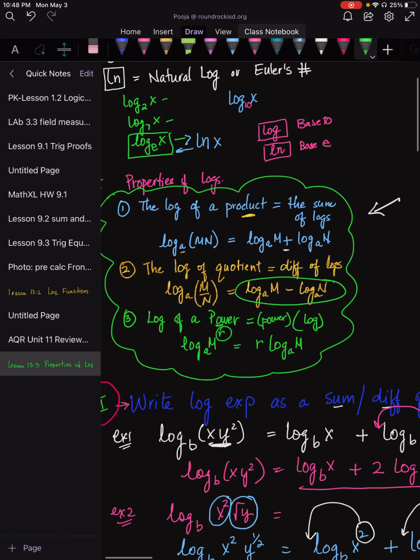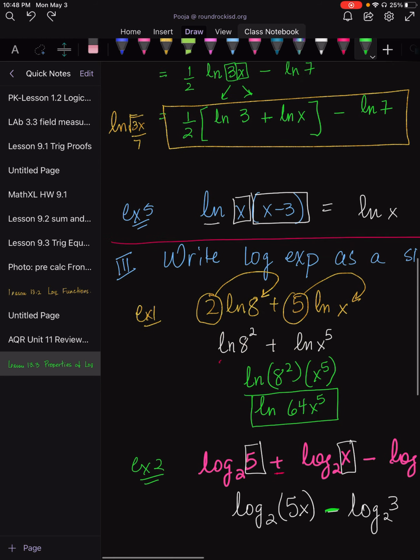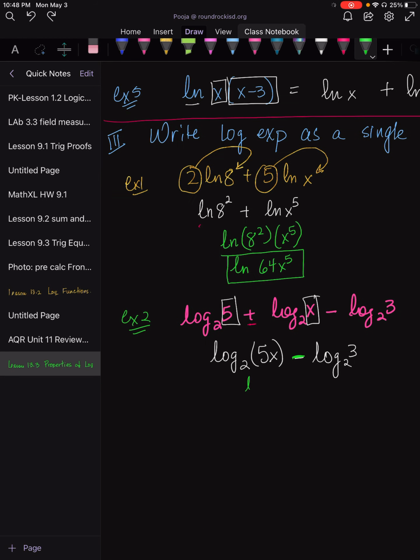When we have subtraction, we can combine it into a quotient: log base 2 of 5x over 3. And I don't see any exponents, so that doesn't have to be considered. And I have compressed it to one single log expression.